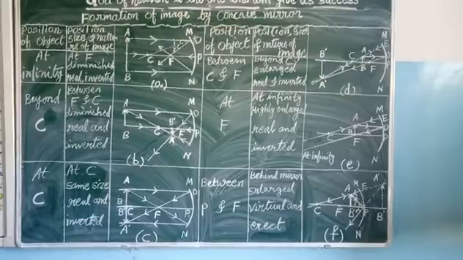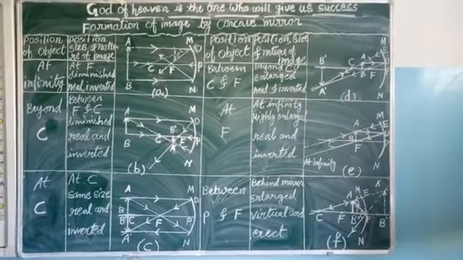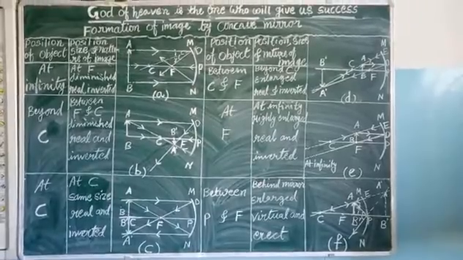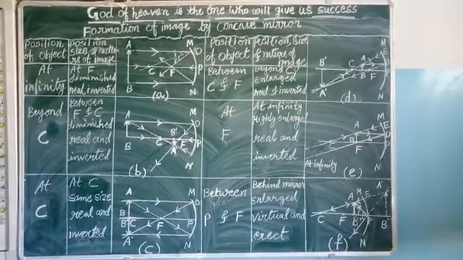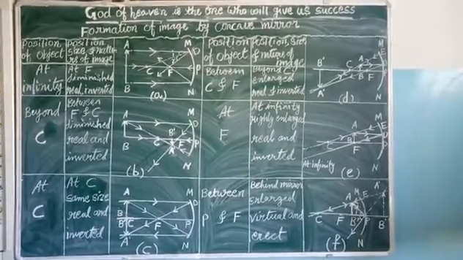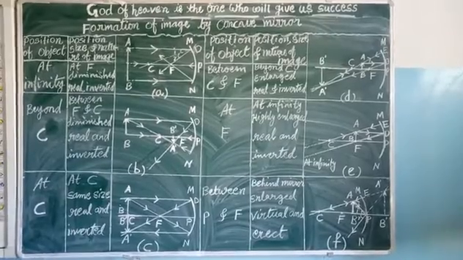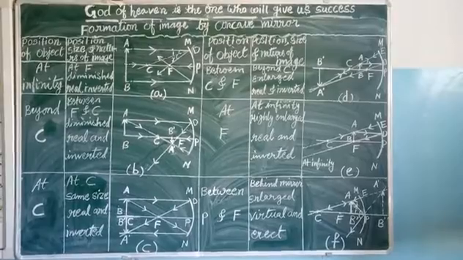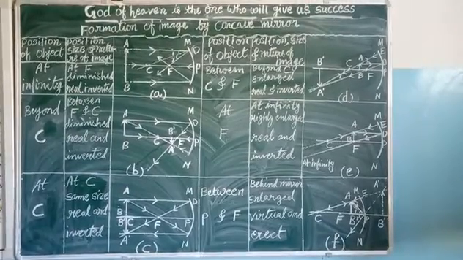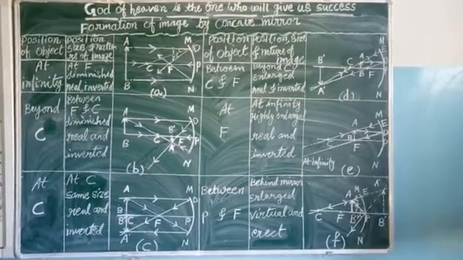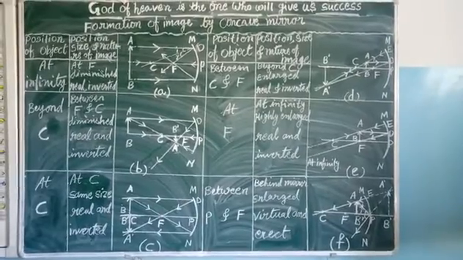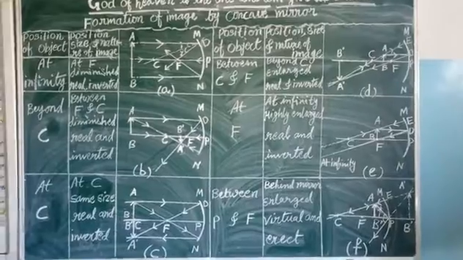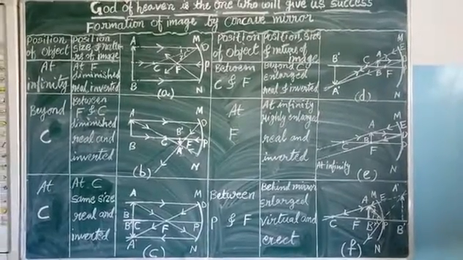So, today let us learn further about the formation of image by concave mirror. For this, let us place the object in different positions and know the image formed at different positions, its size and nature, by concave mirror.